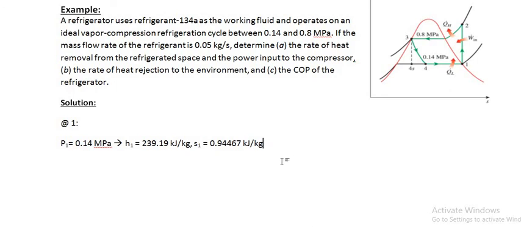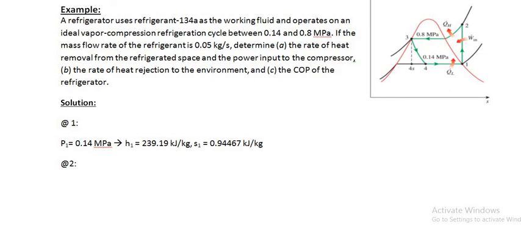Alright, so moving on to state 2. So what do we have here? Number 1, we have the pressure value, which is 0.8 MPa. And since we mentioned that the 1 to 2 process is isentropic compression, that means the value of entropy S remains constant.